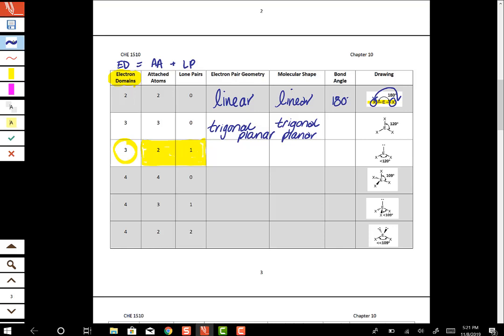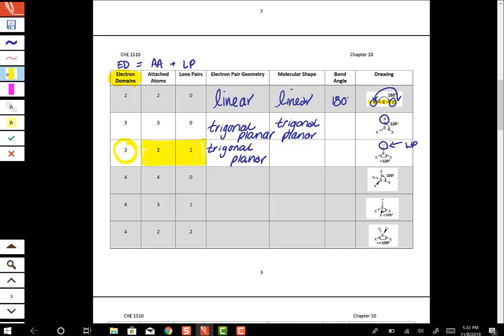The electron pair geometry doesn't change. If you take off one of these atoms, the X, and you replace it with a lone pair, which is what we're trying to illustrate here, you still have electron density there. You still have 3 electron domains. So it's still a trigonal planar electron pair geometry.